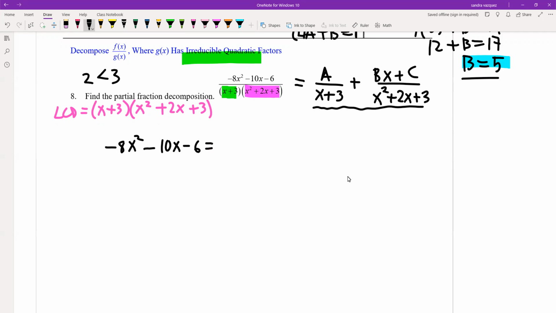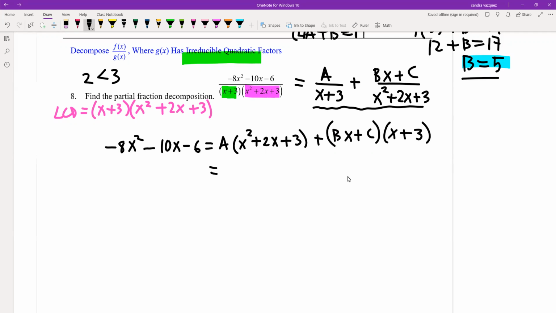That's equal to the first fraction, which when you multiply it by the LCD cancels out the x plus 3. So then it's a times x squared plus 2x plus 3 plus bx plus c. Make sure you put parentheses here. This fraction of the x squared plus 2x plus 3 cancels out, so you only have an x plus 3 left.